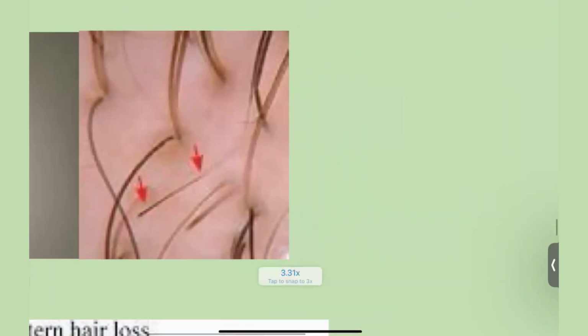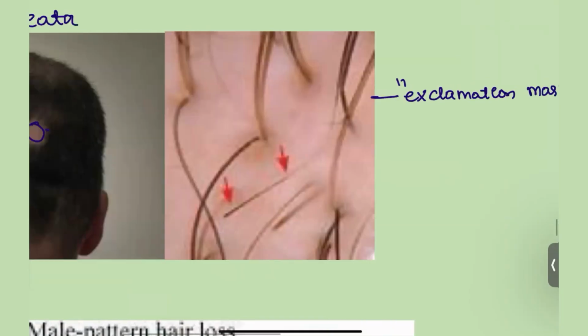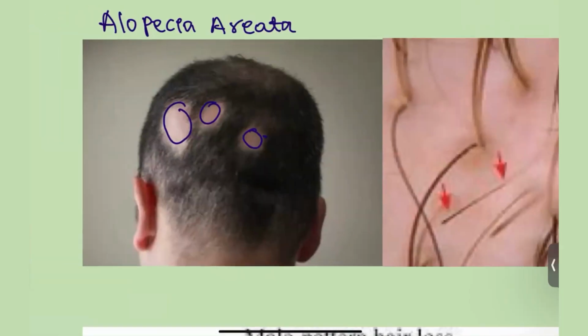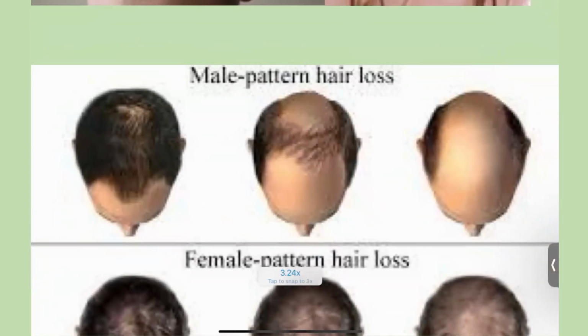When you see this under the microscope, you are going to see an exclamation mark sign, due to broken hair at the margins. This is associated with an autoimmune condition. Steroids are the treatment, and it is a reversible condition also.